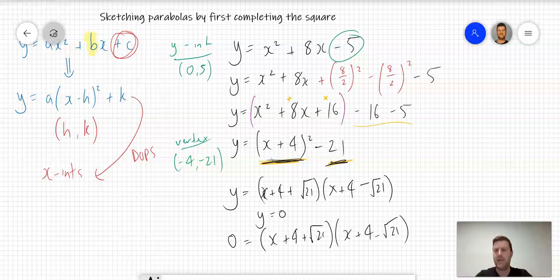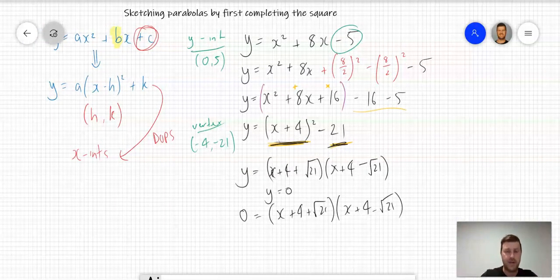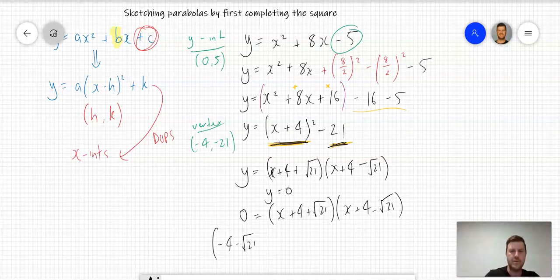I get to the point where I've got two x-intercepts. They would be minus 4, take root 21, and 0, and minus 4 plus root 21 and 0.